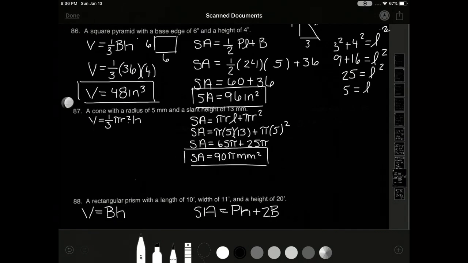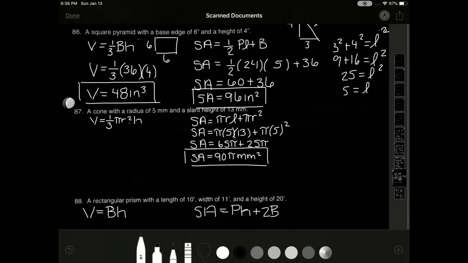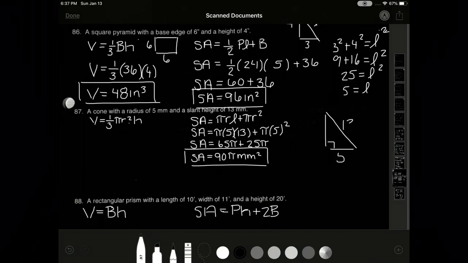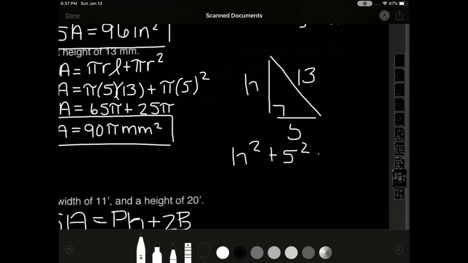Now, in 86, we had to find the slant height. In 87 here, we're actually trying to find the height. We're told the radius is 5, so that's this piece here. The slant height's 13. So we want to find the height. So we have h squared plus 5 squared equals 13 squared.